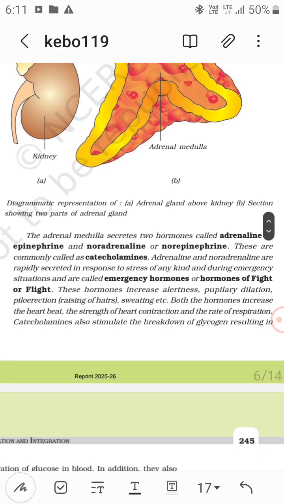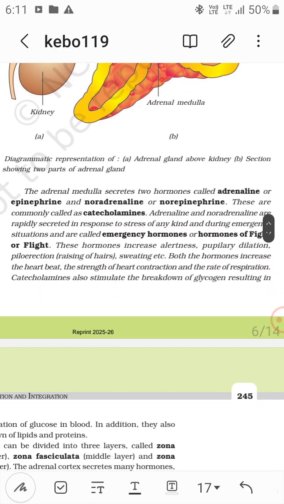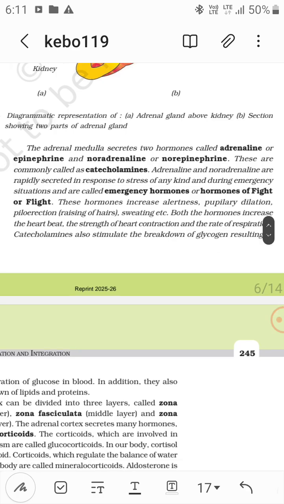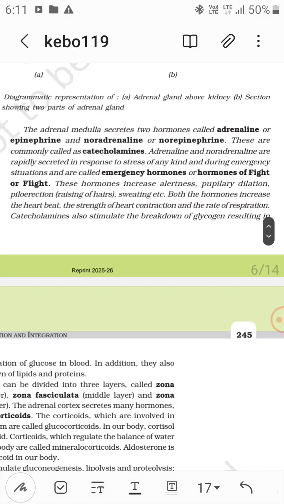So the adrenal medulla secretes two hormones, adrenaline (epinephrine) and noradrenaline (norepinephrine). These are all catecholamines. These are emergency hormones, or hormones of fight or flight, right?